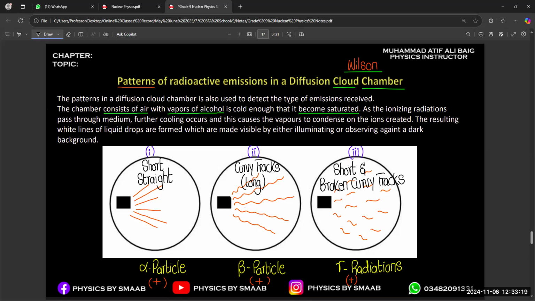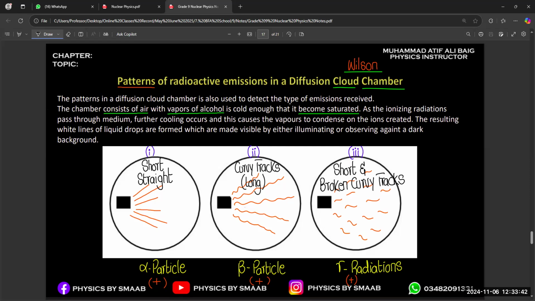Again, they will not ask you to copy paste the whole working of these detectors or the chamber. They only ask about the basic idea: how to detect the radiations, or how to detect the traces of alpha, beta, or gamma. Sometimes they ask about the name.